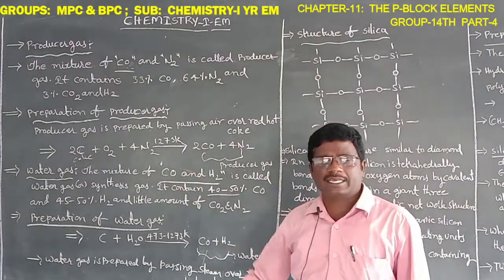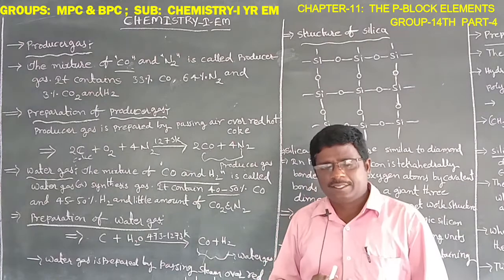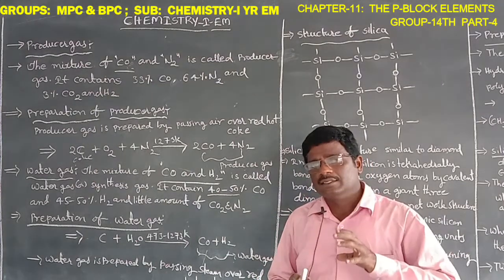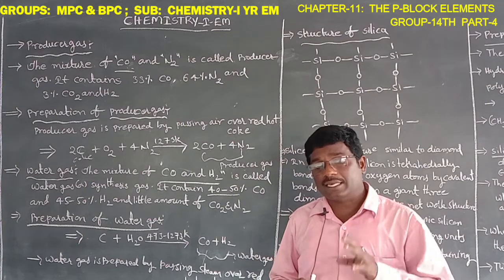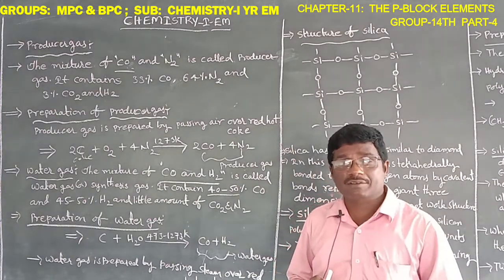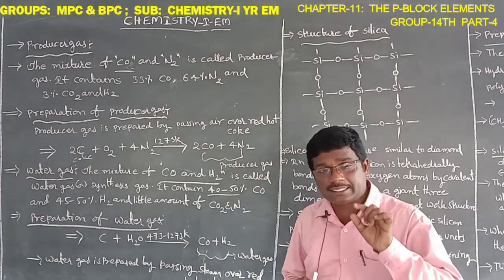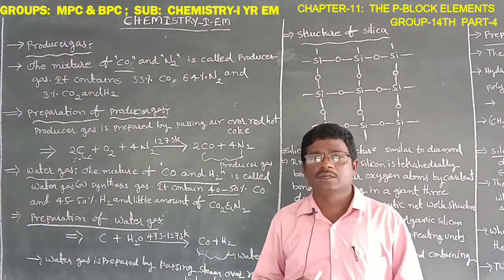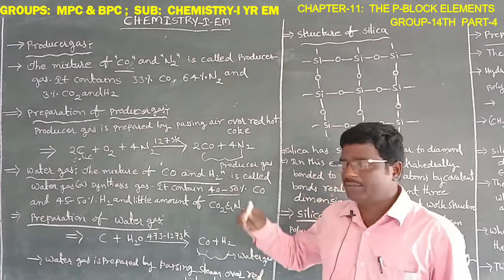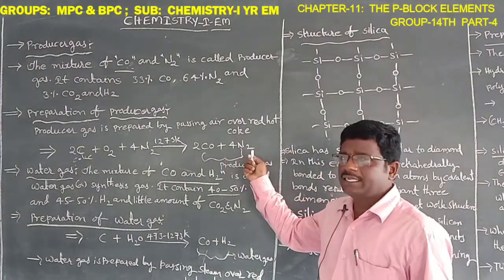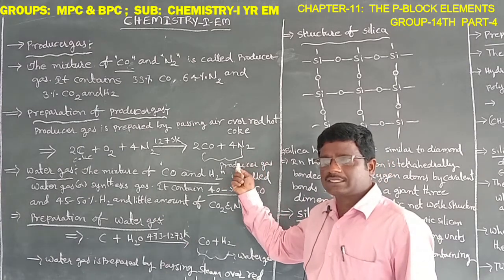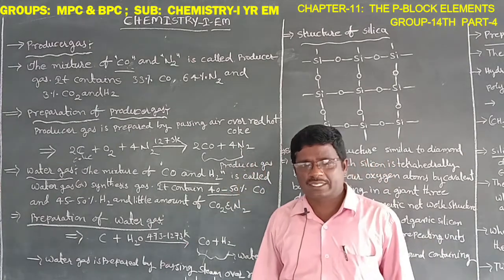Producer gas is prepared by passing air over red hot coke, the carbon atom, also known as coke or coal. Air passing over red hot coke forms carbon monoxide and dinitrogen, N2, and this mixture is called producer gas.